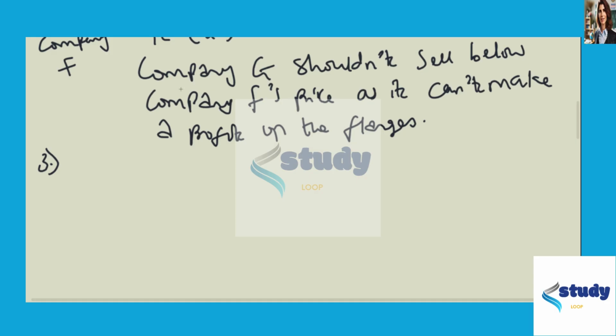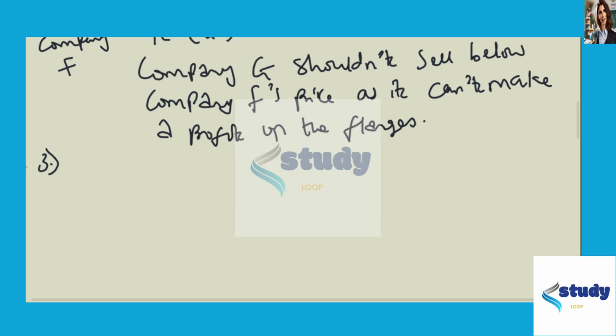So the next question: how would your answer to requirement 2 differ if Gayle's Glassworks made and sold 10,000 flanges this period? And what does this indicate about the use of unit cost in decision making?